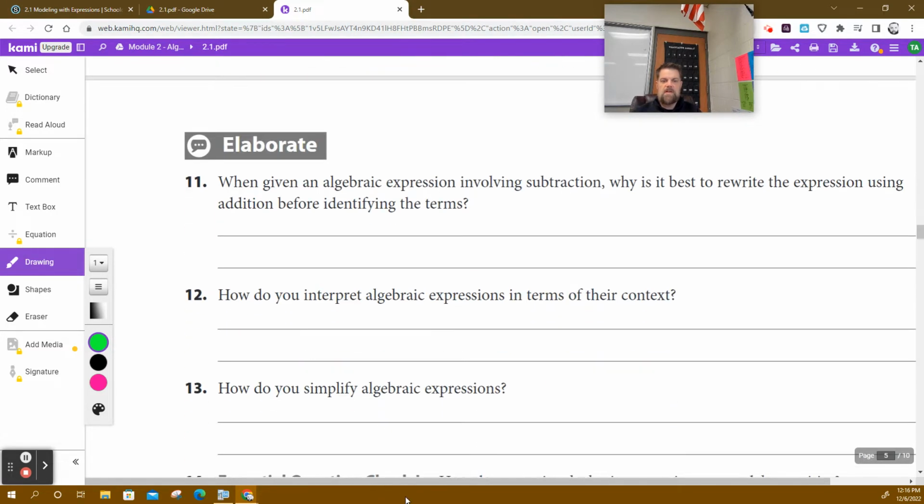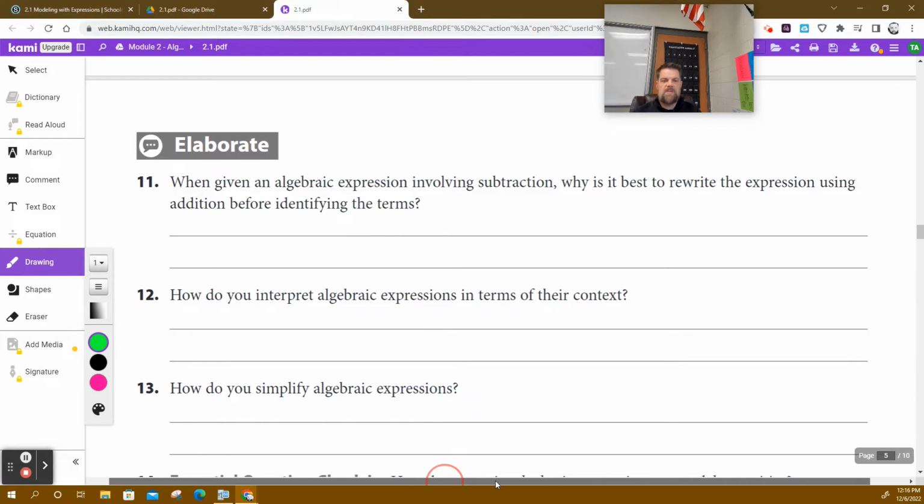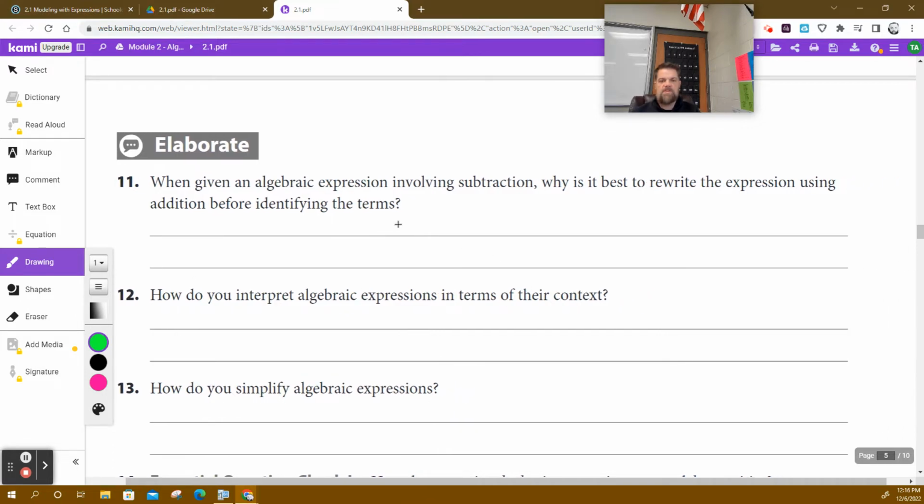Let's do some more. Problem number 11, it says, when given an algebraic expression involving subtraction, why is it best to write the expression using addition before identifying the terms? So this is a conceptual question. I think what they're talking about is, let me change the color on that.